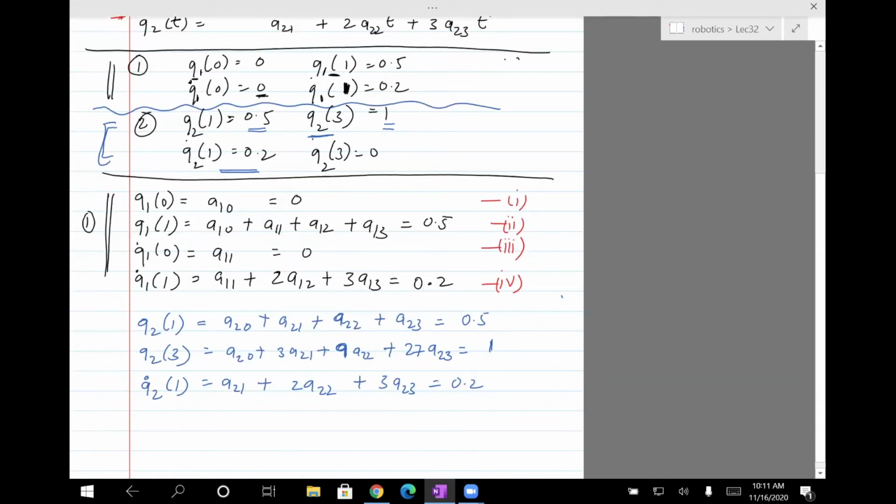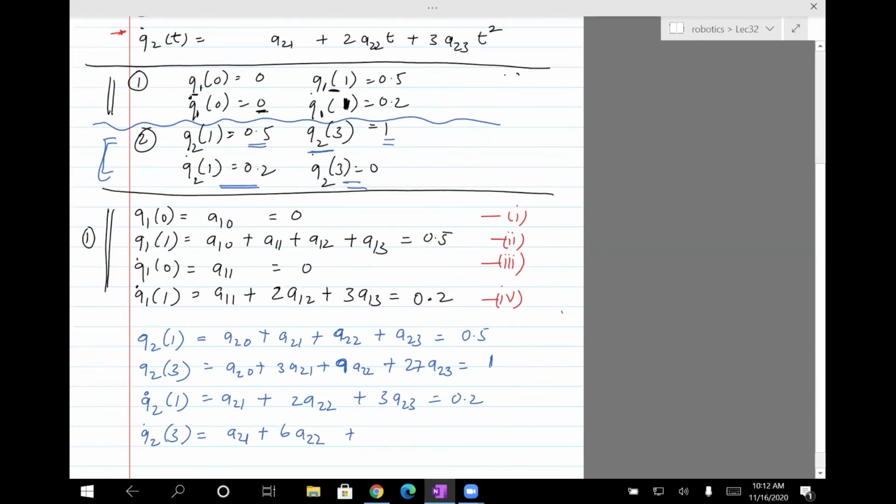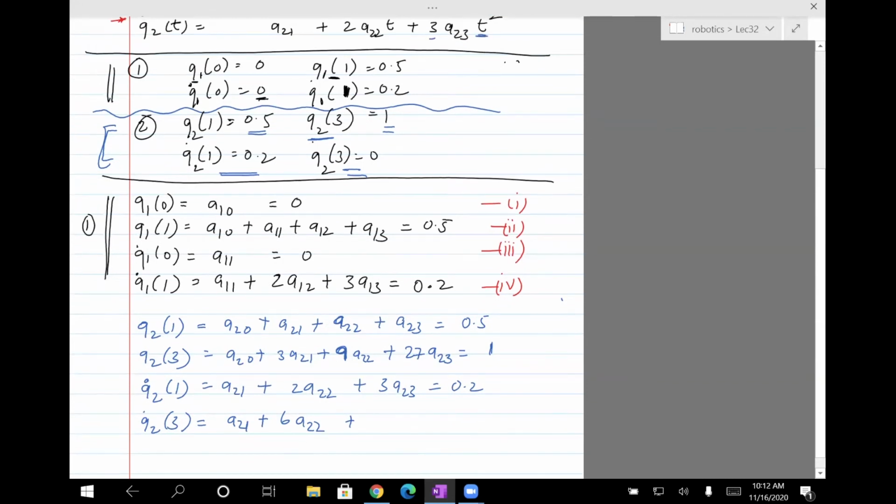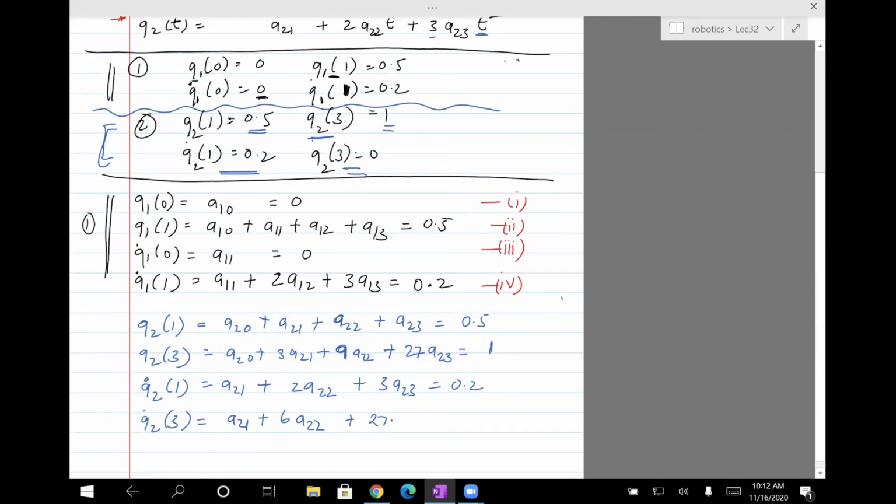And then the final one is q2 dot at 3, which equals 0: a21 plus 2a22, sorry, 3 times 2 is 6, plus 3 squared is 9, 9 times 3 is 27, a23 equals 0.